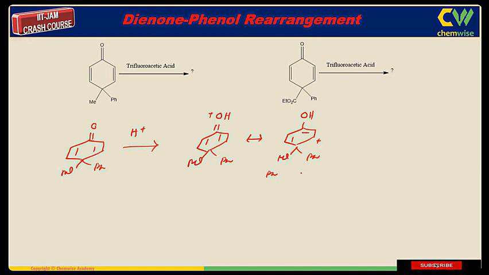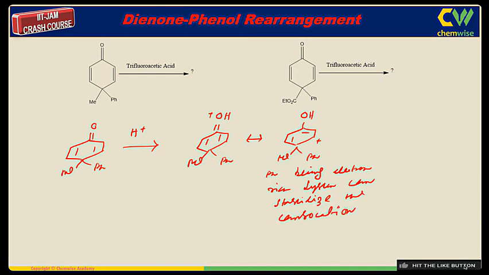So pH, being an electron rich system, stabilizes the carbocation more.